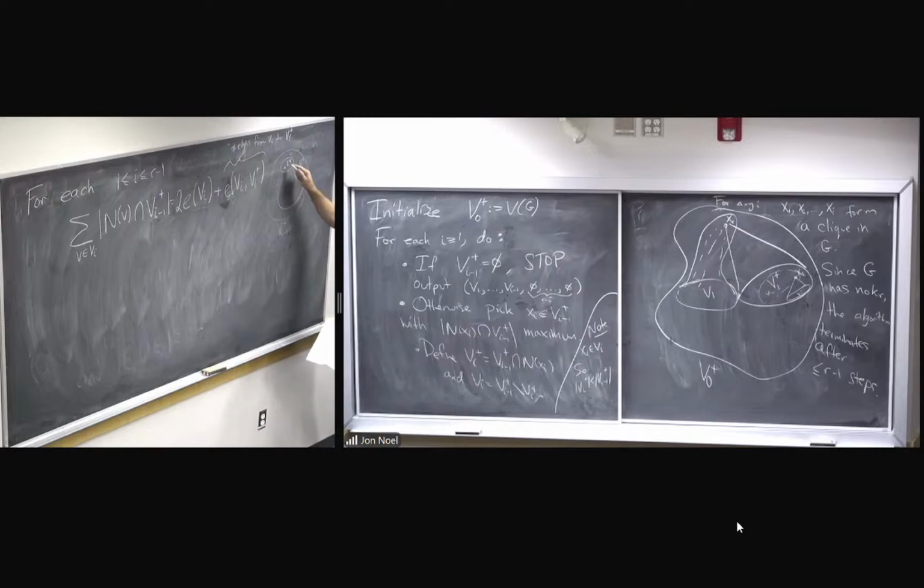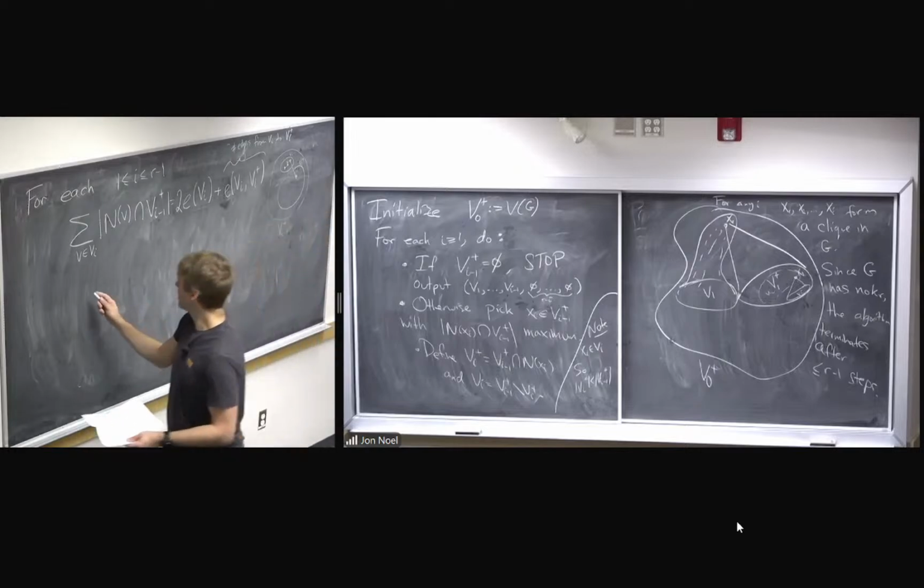Any edge that lives inside of V_i is going to be counted twice from either endpoint. Any edge that goes from V_i to V_i plus will be counted once. The edges inside of here will be counted 0 times. So there's just kind of a double counting.